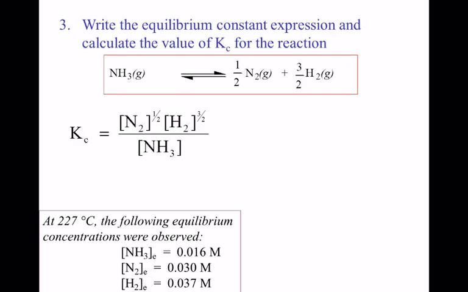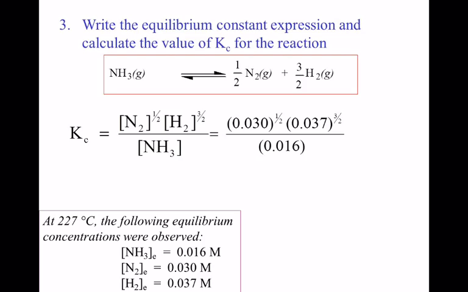So your Kc is equal to, well, you can see there, now we're ready to go ahead and plug back in and see what we get. So Kc is equal to 0.030 raised to the 1/2 power times 0.037 raised to the 3/2 power divided by 0.016.